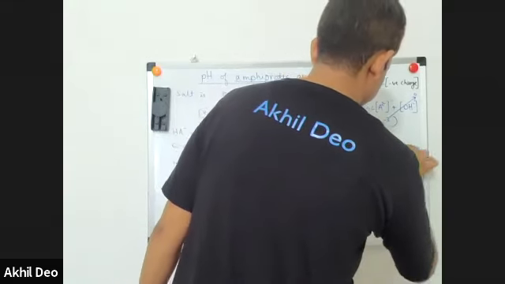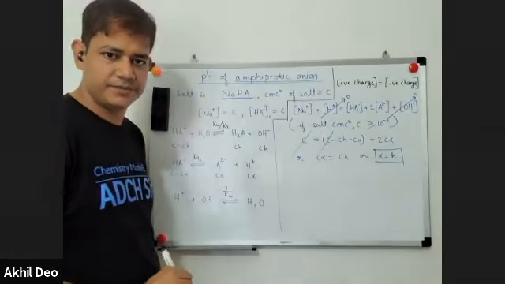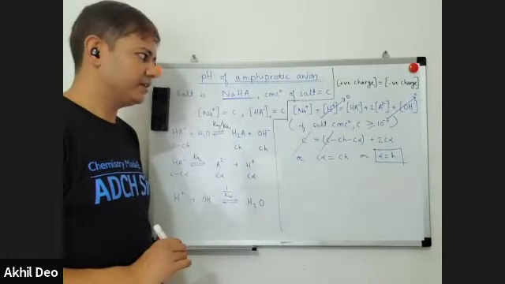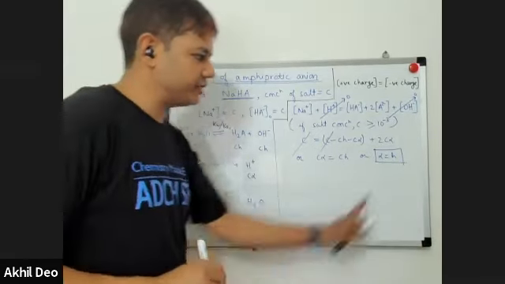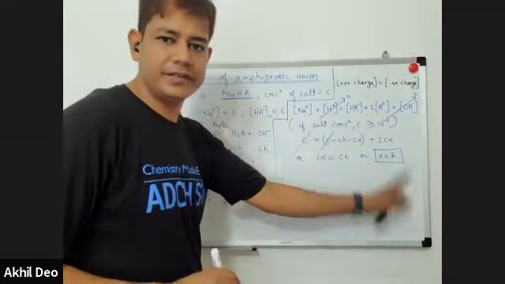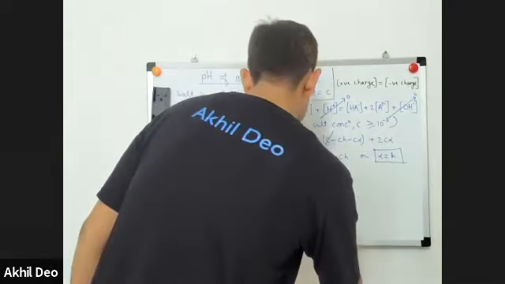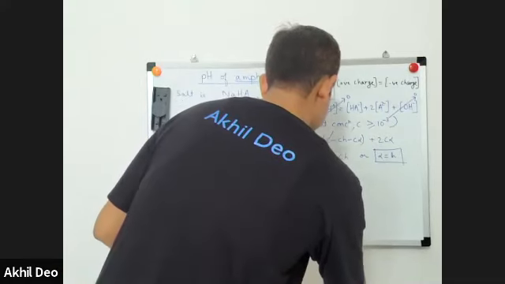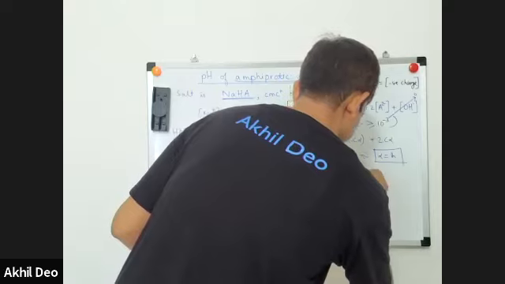So degree of hydrolysis is equal to degree of ionization, an important approximation which we use in this derivation of pH for an amphiprotic anion. The degree of hydrolysis is equal to the degree of ionization. Or we get the concentration of H2A is equal to concentration of A2 minus.